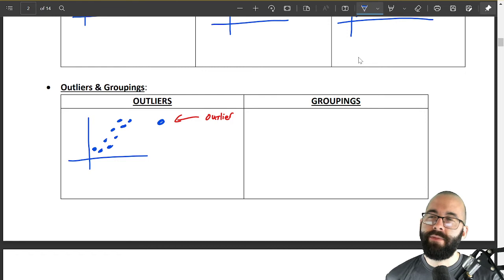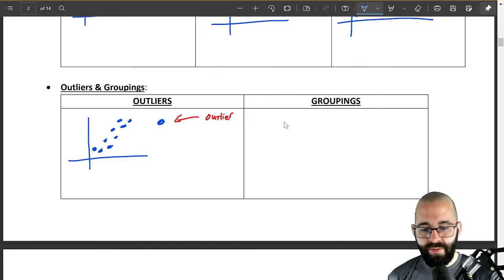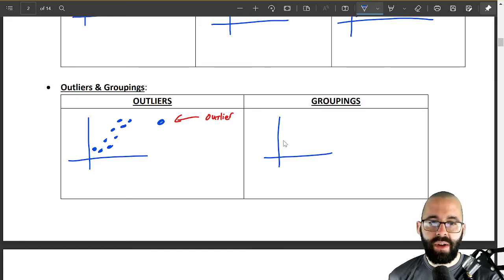And then the last thing that we're not really going to talk about much here is groupings, which I don't really want to get into right now. But very briefly, in general, groupings is, maybe we have some data points for men and some data points for women.